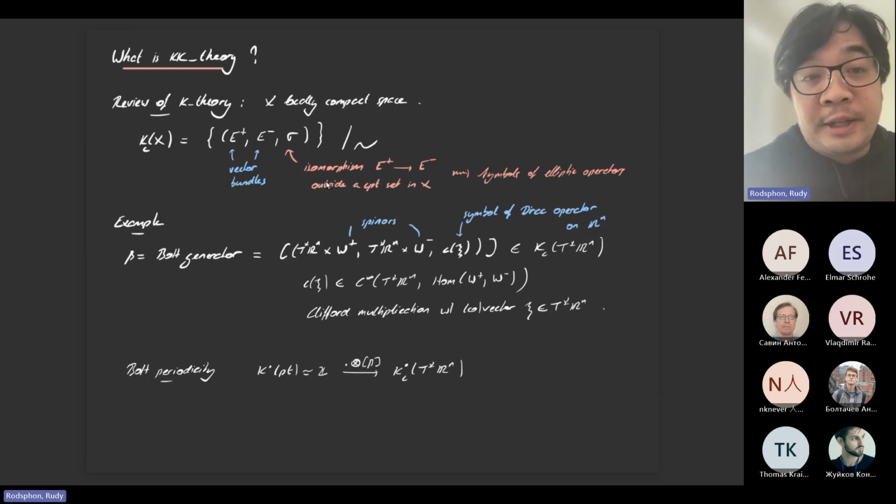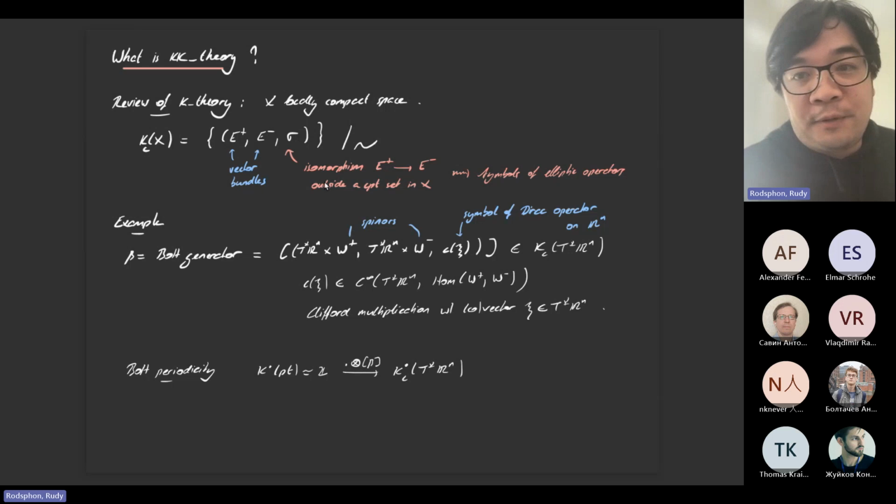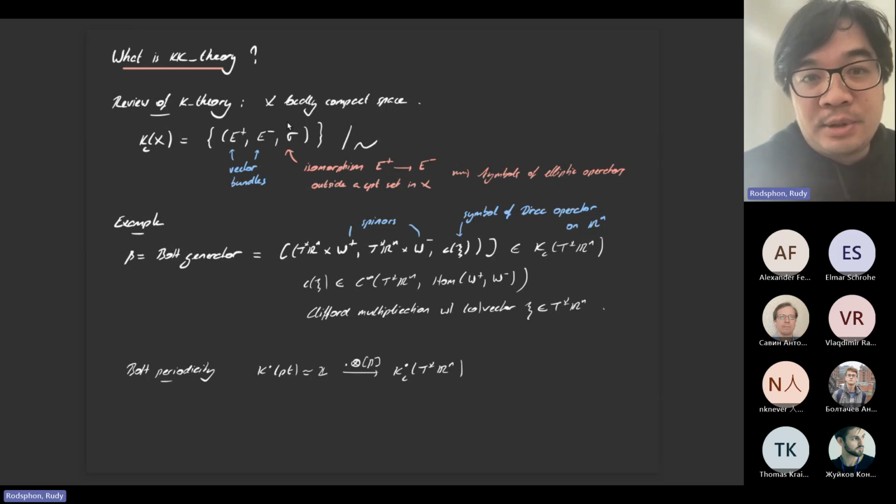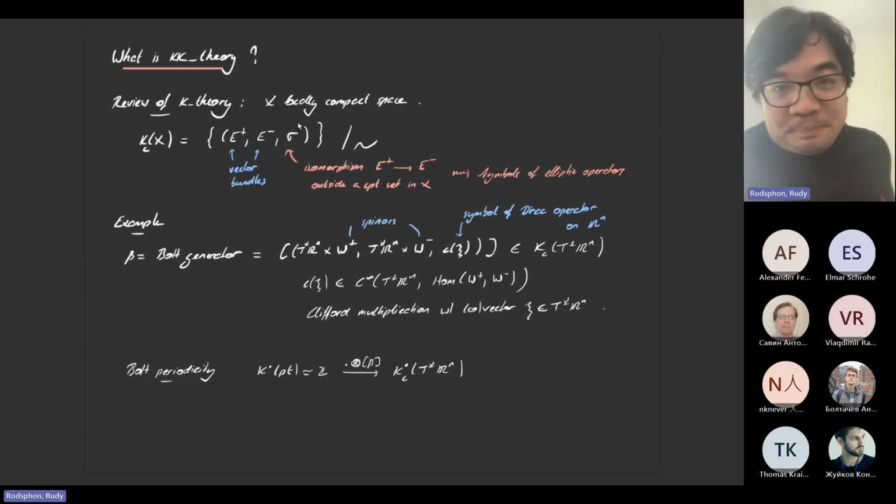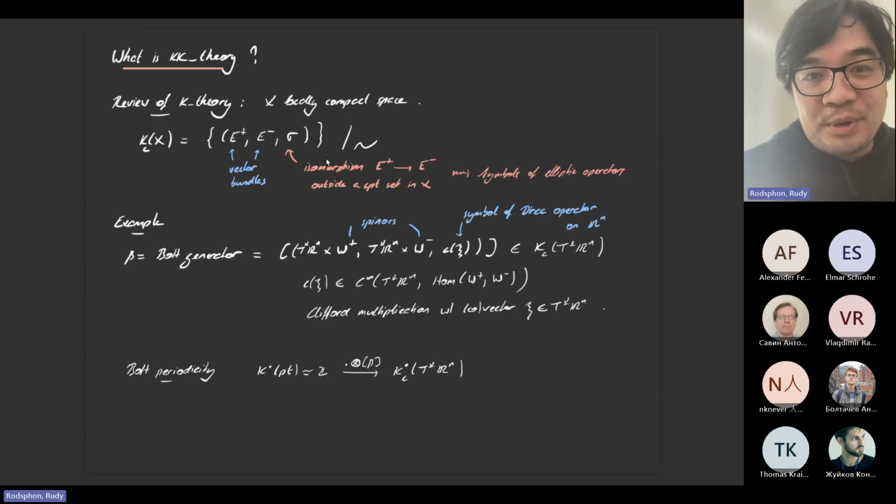What you should think about here, if you don't know about this kind of stuff, is that sigma is meant to encode what you have with elliptic operators. If you have an elliptic operator, you are in these conditions to have an isomorphism between these two bundles outside some compact set on the base space.